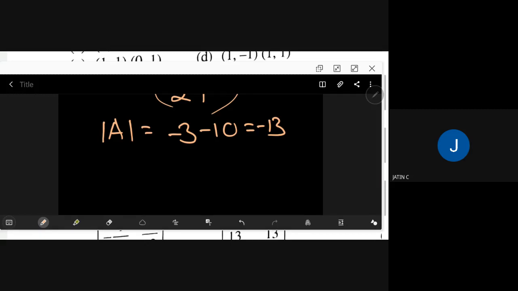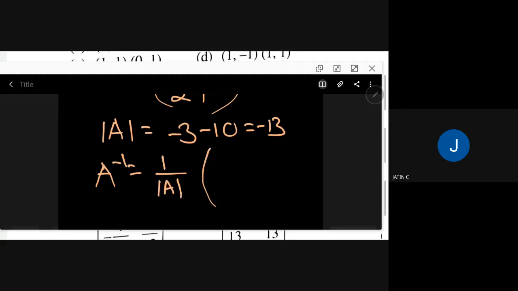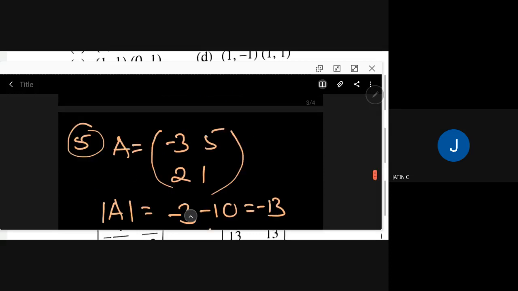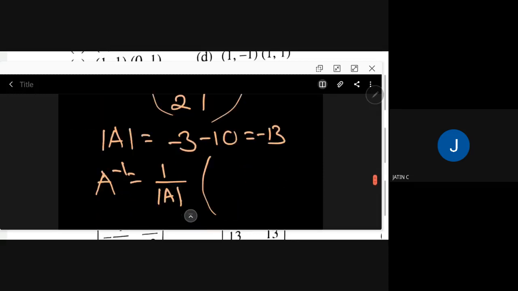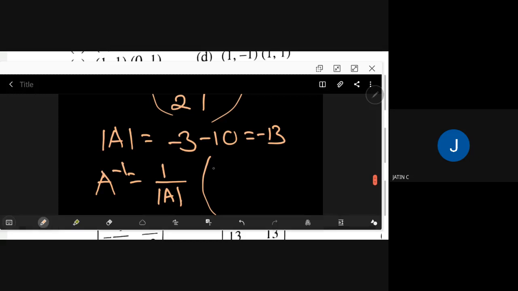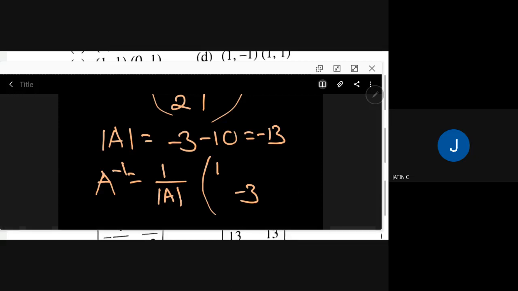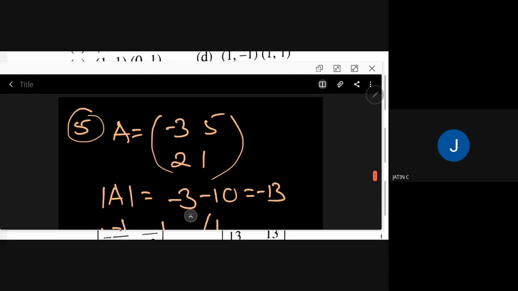A inverse is 1 by det A into the principal diagonal elements role reversed. So 1 by minus 13, and the other things, minus 2, minus 5.